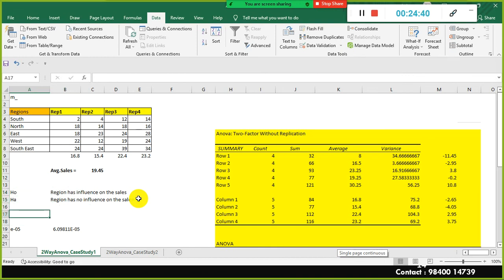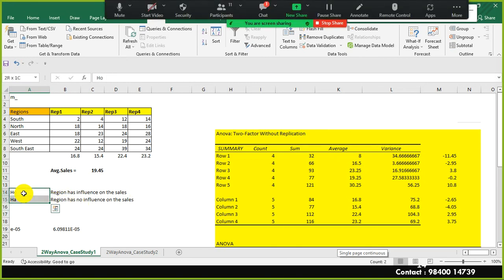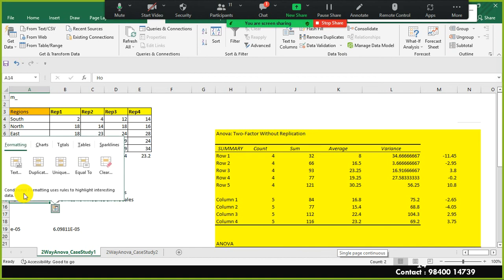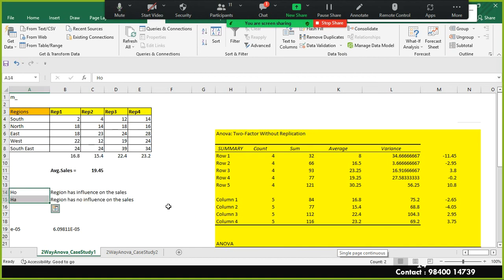So here we need to conduct one more test because we have two factors, right? The null hypothesis: salesperson has influence on the sales.